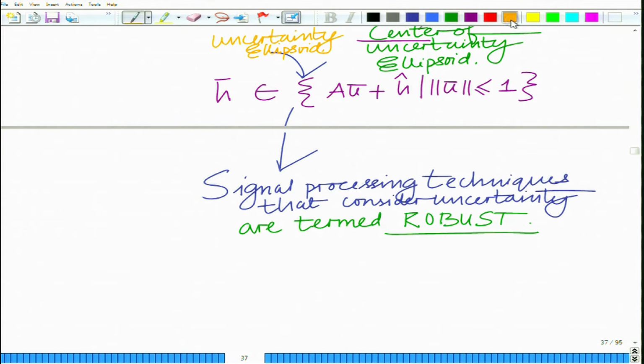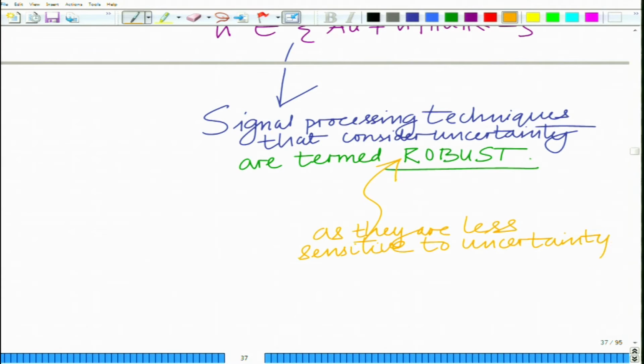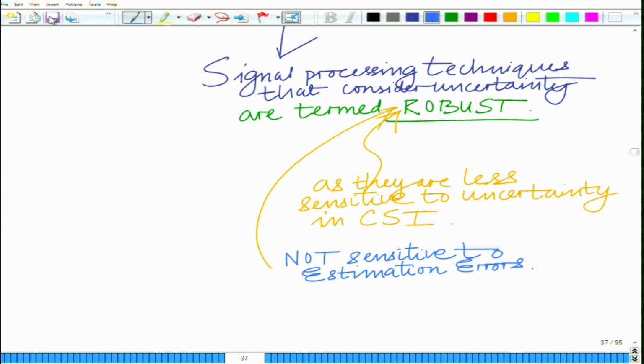These are termed as robust since they are less sensitive to uncertainty in the channel state information, or they are not sensitive to estimation errors.